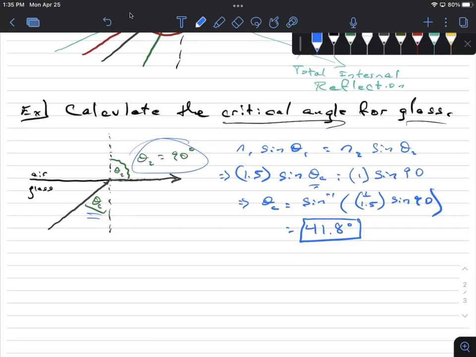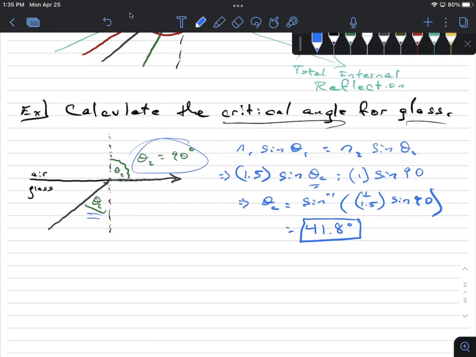So you can never shine light at an angle that'll give you a theta 2 of 90. Because if theta 2 is 90, theta 1 has to be bigger than 90. But you can't shine a light bigger than 90 degrees. So you have to go from a more dense to a less dense medium.